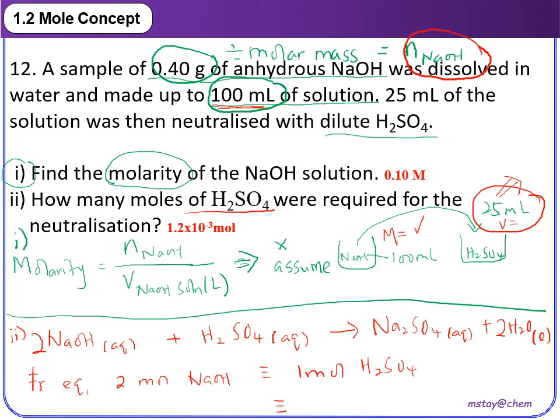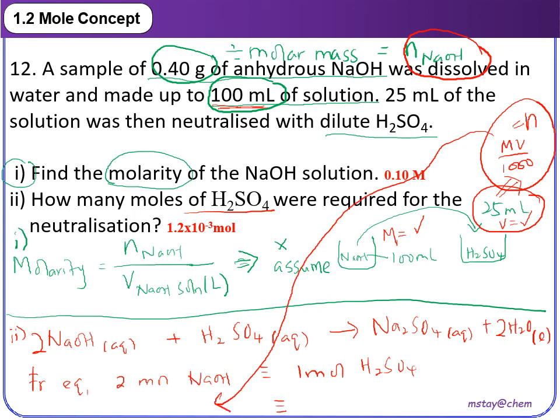We have the volume, then we can use the formula MV over 1000 to identify the number of mole of NaOH that react with sulfuric acid. Then you substitute this number of mole into the equation ratio, and you can determine the mole of sulfuric acid required. Okay, so that's all for this question. Please try it out yourself and we will discuss more if you have any questions during the tutorial class.